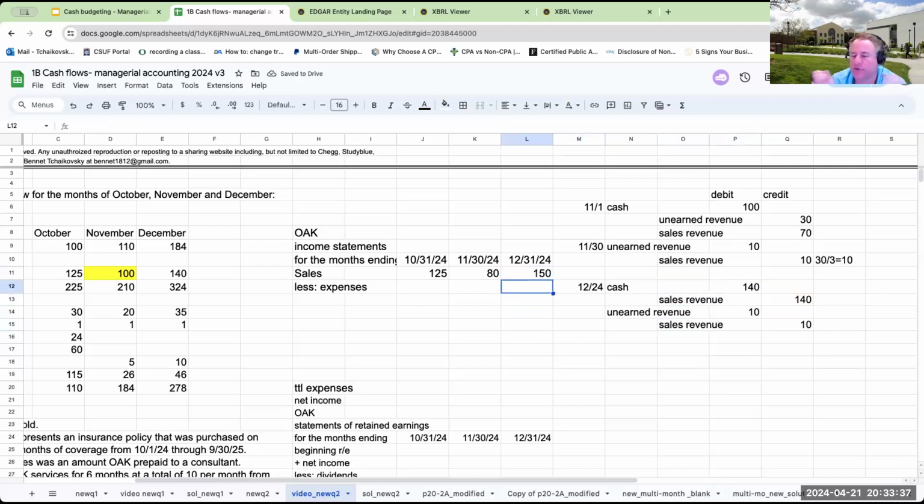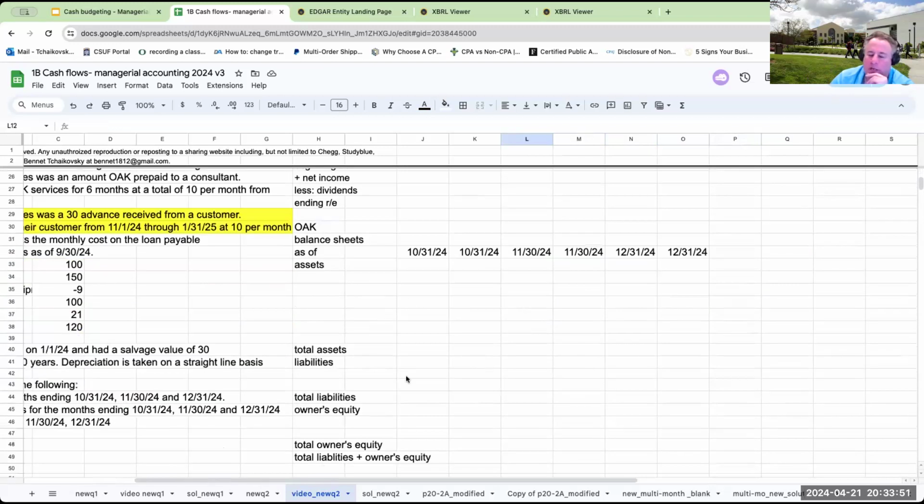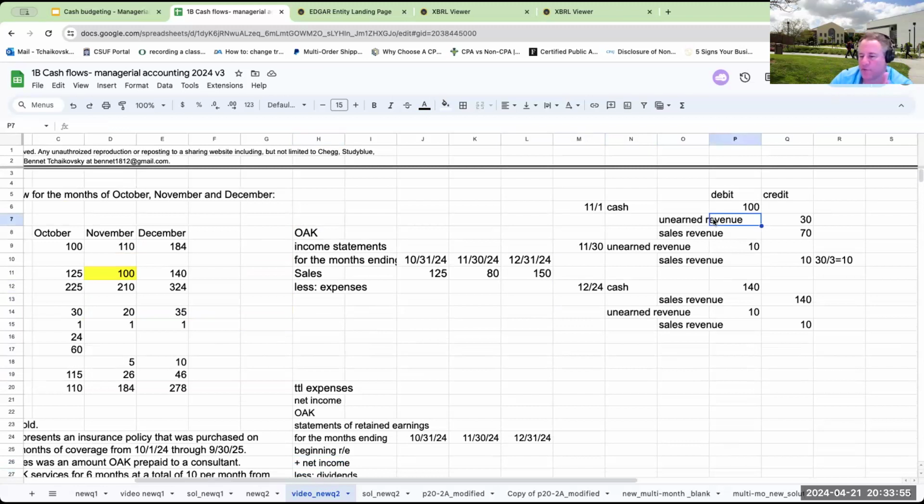Now, what I just showed you is probably one of the more complicated things about this problem. But I'm going to show you a little trick right now in terms of dealing with this that'll make your life a little bit easier later on. When we come down over here to our liabilities, unearned revenue is a liability. It is money we have received, but we have not yet performed the work for.